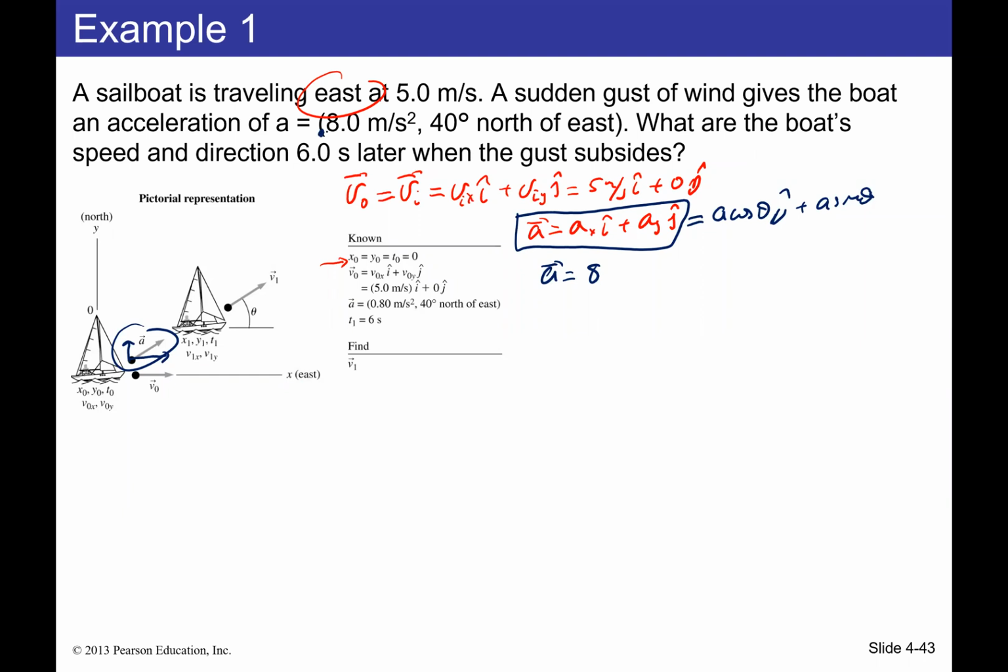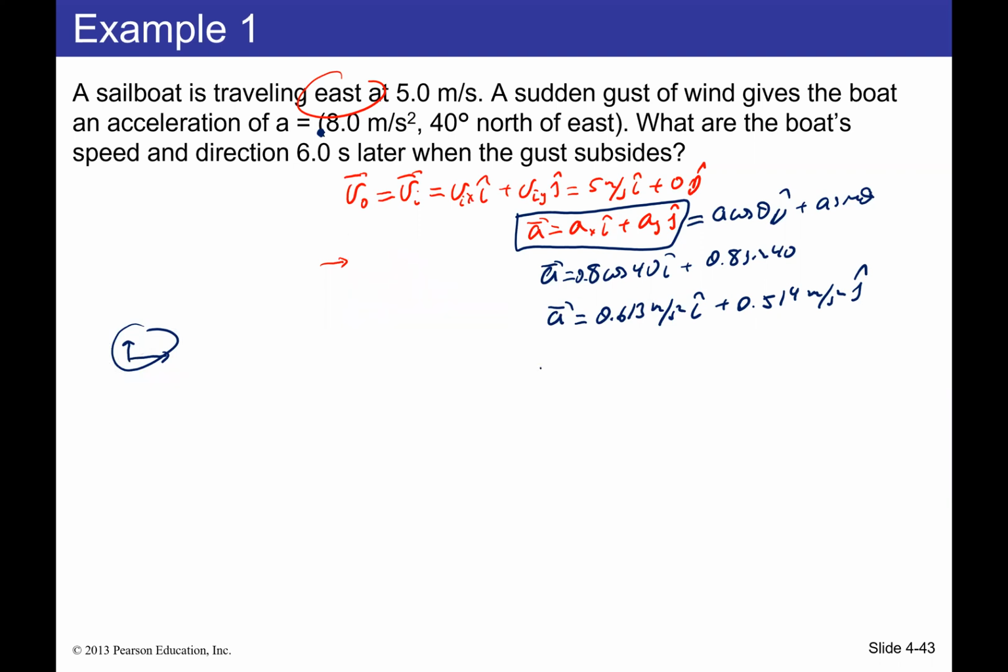This is actually 0.8, so the acceleration is 0.8 meters per second squared. That becomes 0.8 cosine of 40 i hat plus 0.8 sine of 40 j hat, which means my acceleration is 0.613 meters per second squared i hat plus 0.514 meters per second squared j hat. So that's my acceleration, which means I have ax and ay.